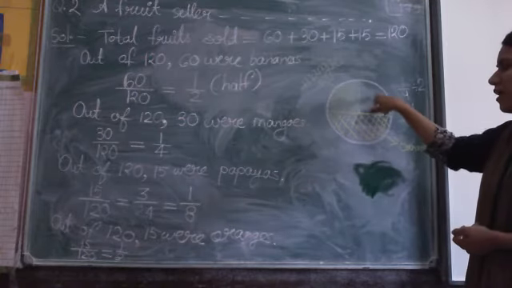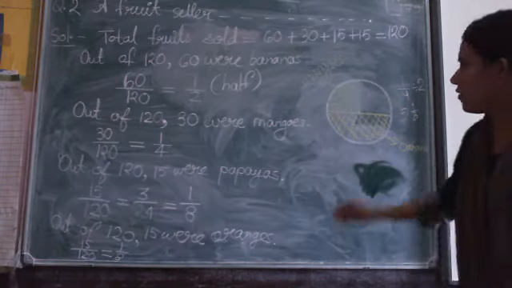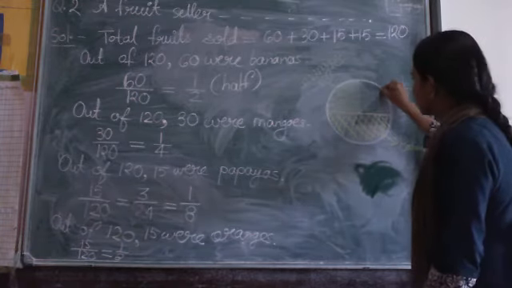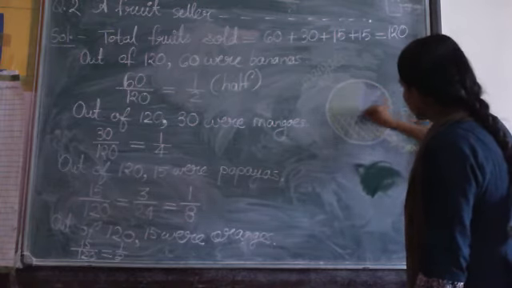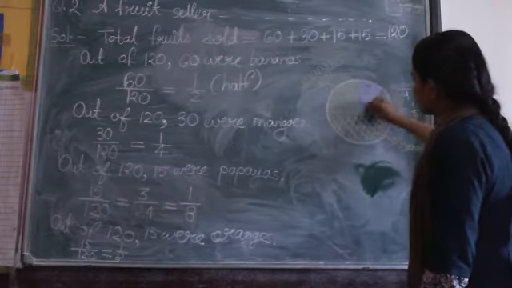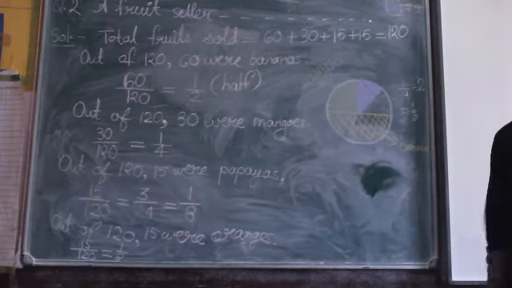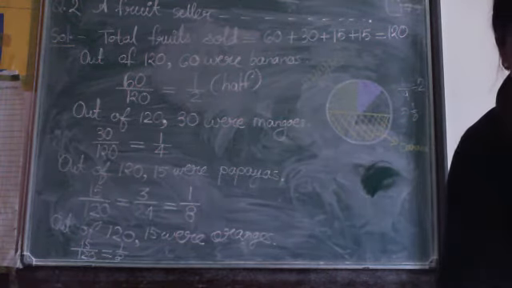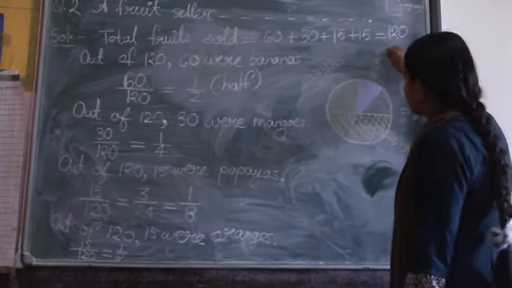If I divide this in two parts, it will represent 1/8. So this part is representing 1/8. This part is representing 1/8, means papayas.